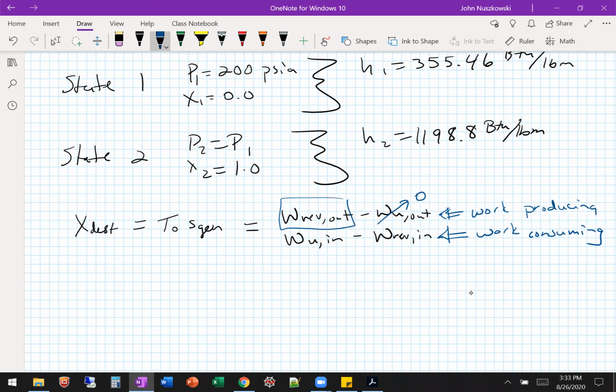Okay, so the three methods. We have x destroyed, which was mentioned, which is what we're being asked for, but I can't draw a bracket. All right, so that's from the exergy balance. Okay, we have T naught S gen. How would we go about that one?